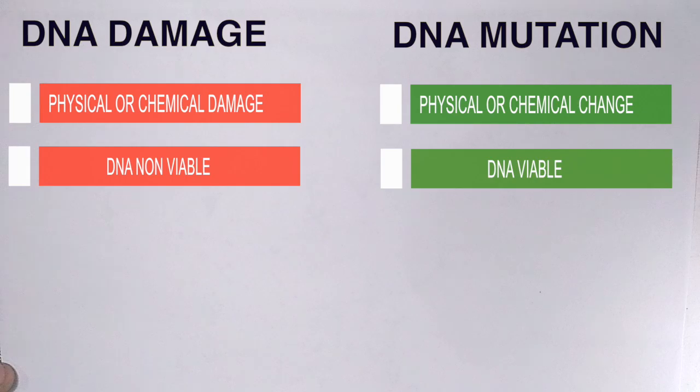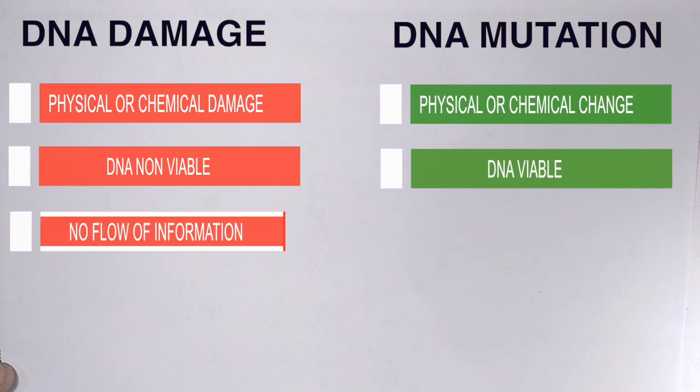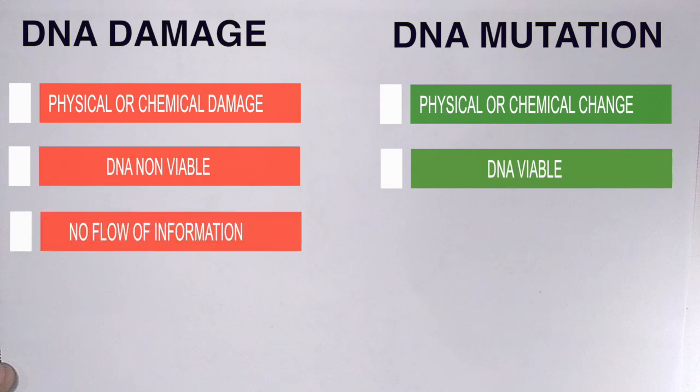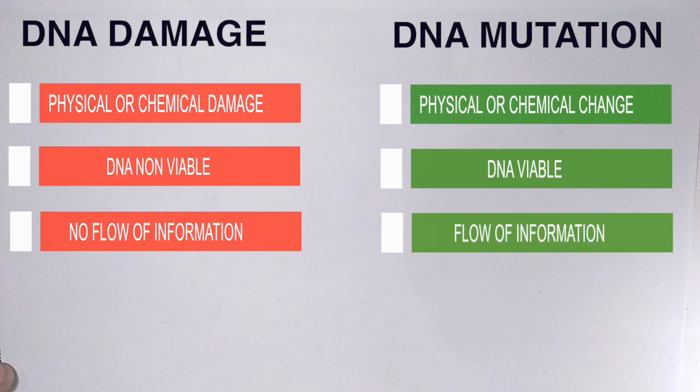In DNA damage, replication, transcription, and translation are all halted. There is no flow of genetic information. The central dogma is not applicable when there is DNA damage. Whereas in DNA mutation, there is no halt in these processes.